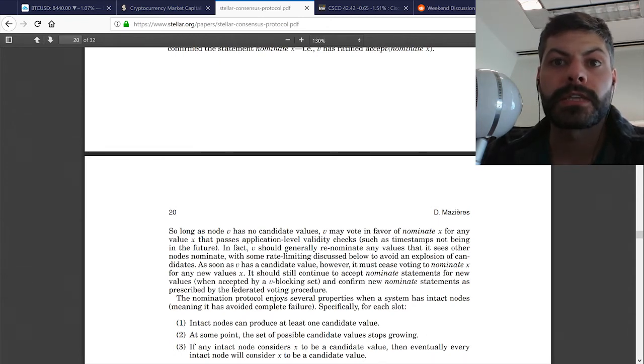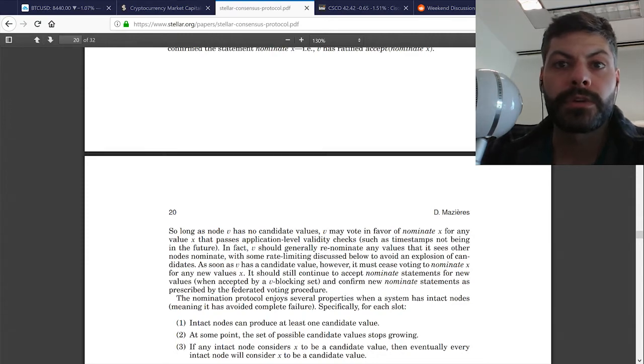As soon as V has a candidate value, however, it must cease voting to nominate X for any new values X. It should still continue to accept nominate statements for new values when accepted by a V-blocking set, and confirm new nominate statements as prescribed by the federated voting procedure.